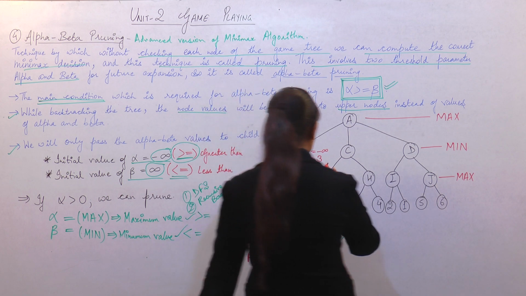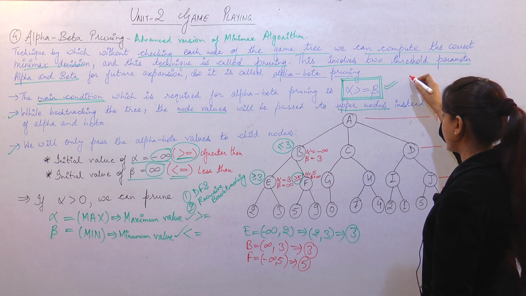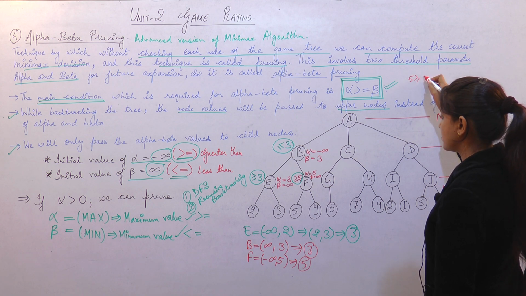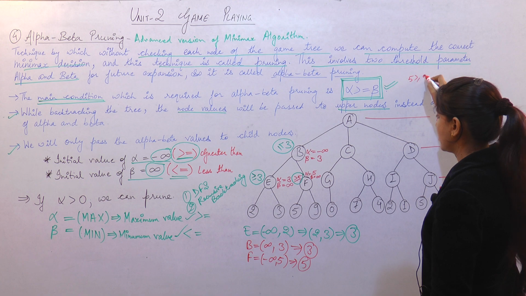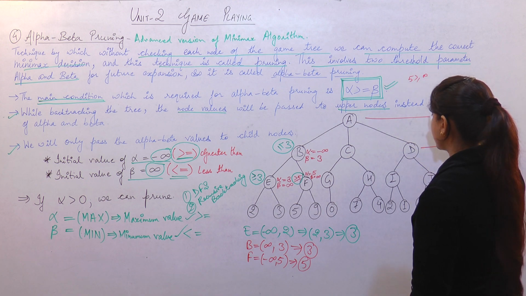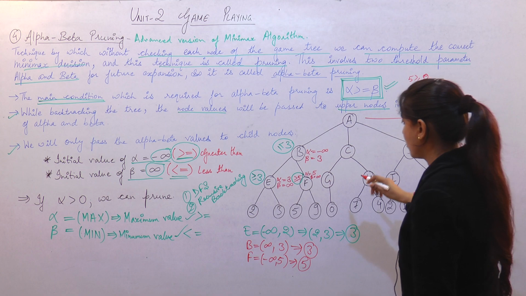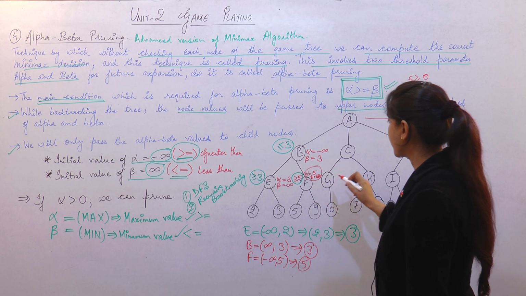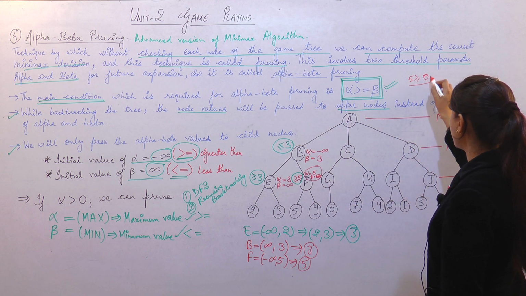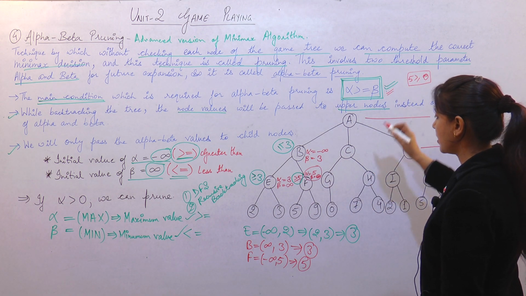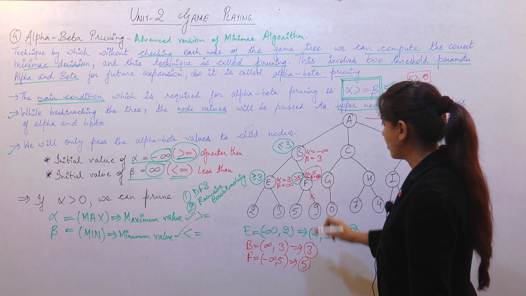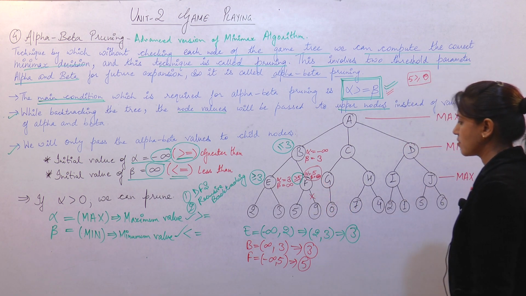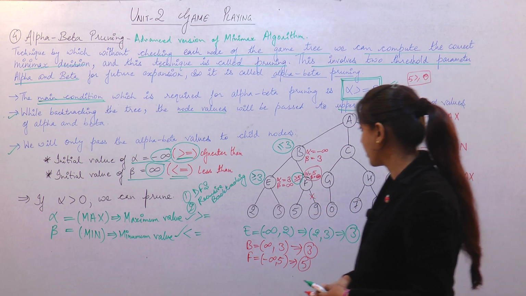By implementing the values of alpha and beta in this condition, we will get alpha is equals to 5 greater than equals to beta, which is infinite. So the value of alpha is greater than beta, that means our condition is fulfilled and we can prune this node. We can prune this node means we will not further move to this node or search this node.